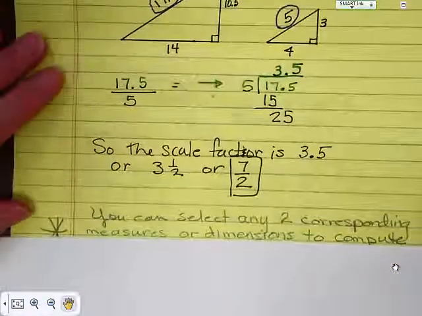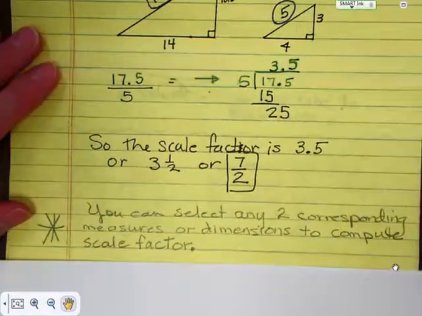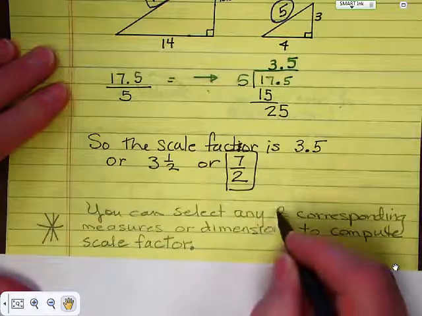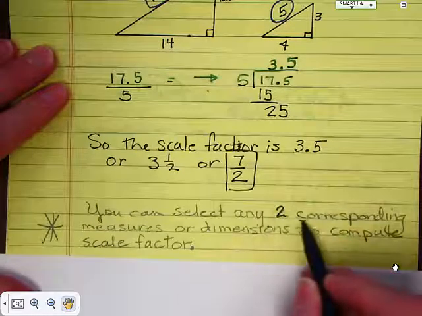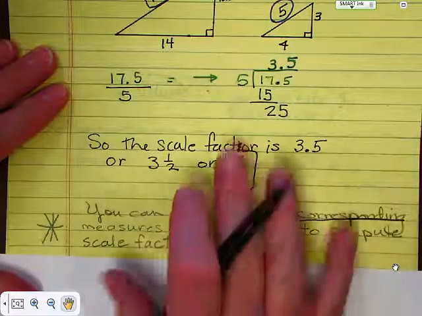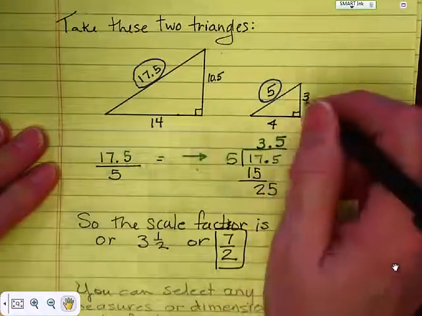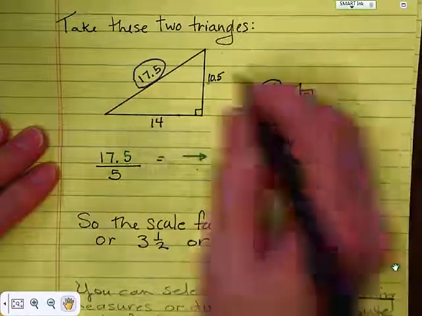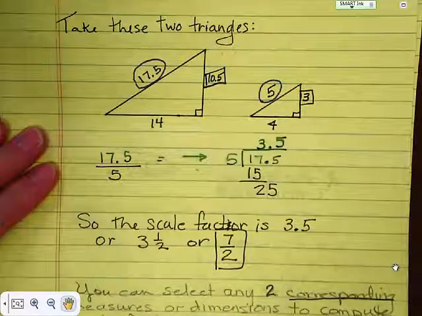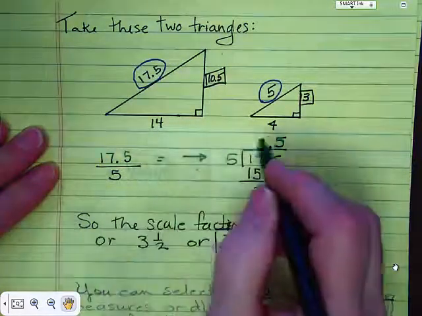You can select any two corresponding measures or dimensions to compute scale factor. Any two, as long as they are corresponding. Now, corresponding means that they're in the same position. We'll go back to this. 3, I'm going to put a square around it, and 10.5 are corresponding sides or measures.